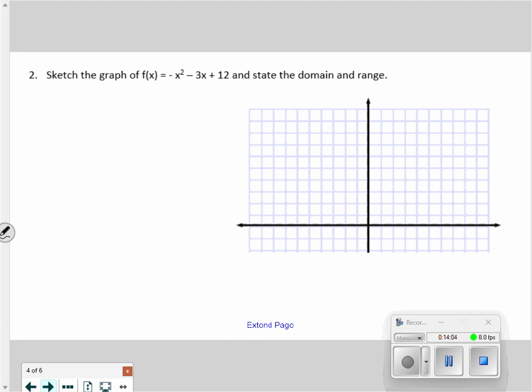So all we need to do is divide everything by a negative 1. So I'm going to have that negative 1, and then I'm going to have x squared plus 3x minus 12. So now I'm looking for two numbers that multiply to give me negative 12 and add to give me 3. We pulled out a negative 1 to switch the signs of everything.